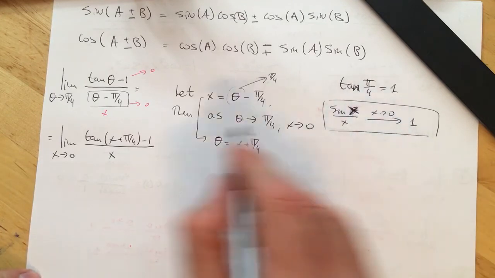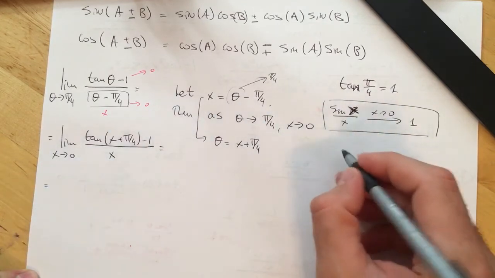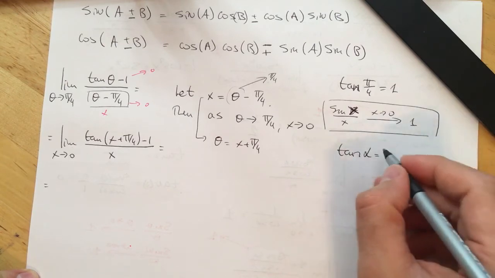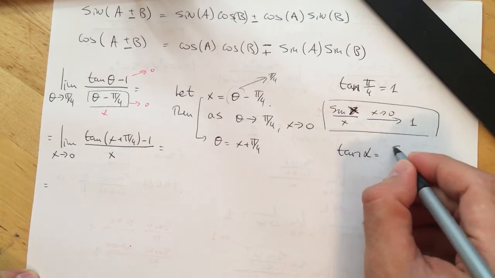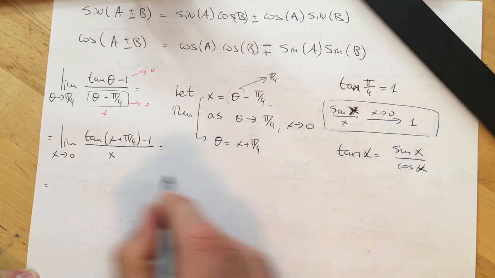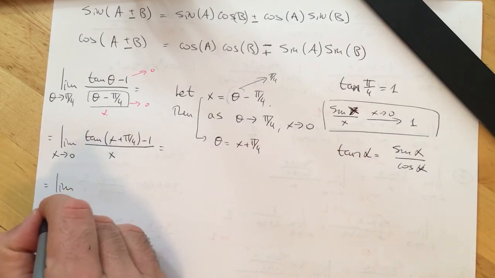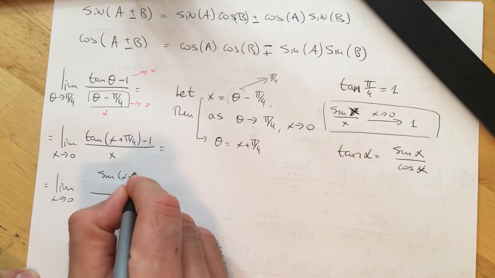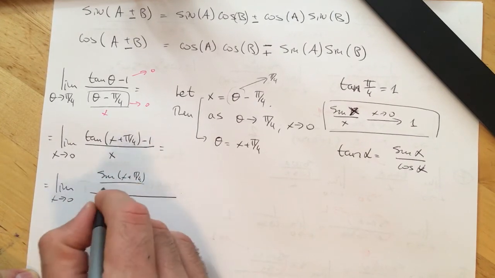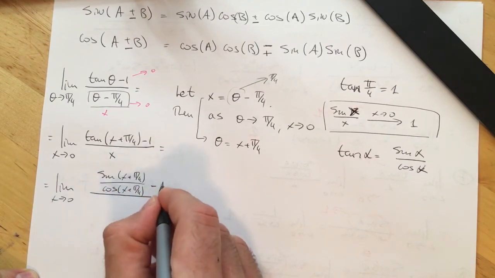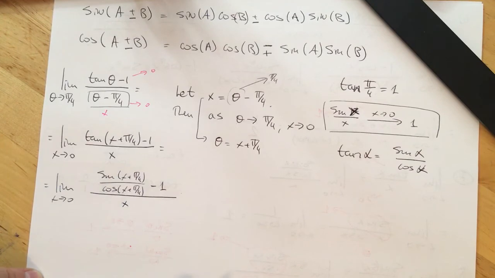Now, as we have previously said, tangent of any angle alpha is sine of alpha over cosine of alpha. So here I have the limit as x goes to 0 of sine of x plus pi over 4 over cosine of x plus pi over 4, minus 1, over x.